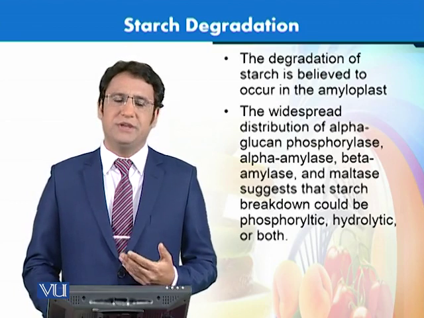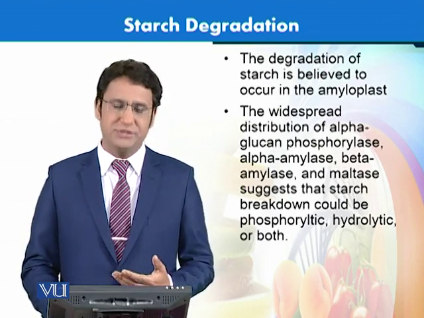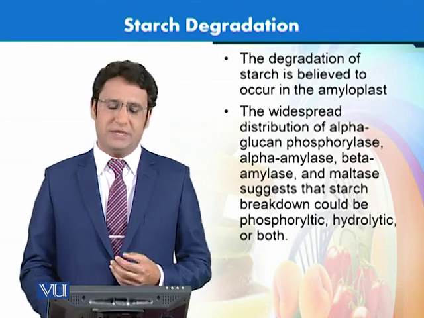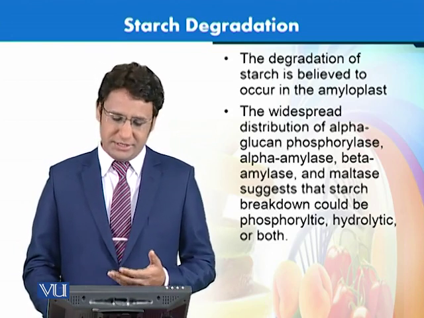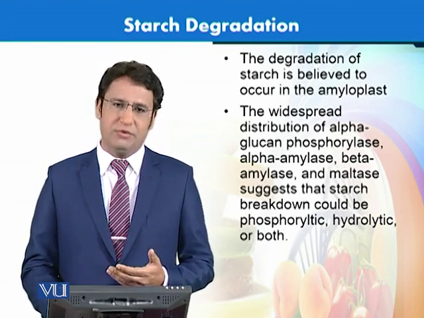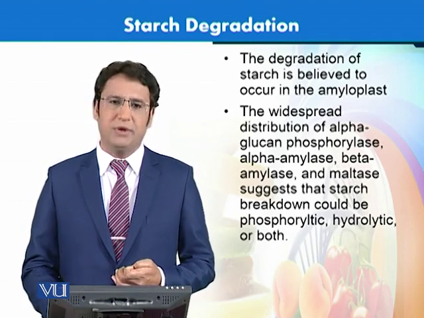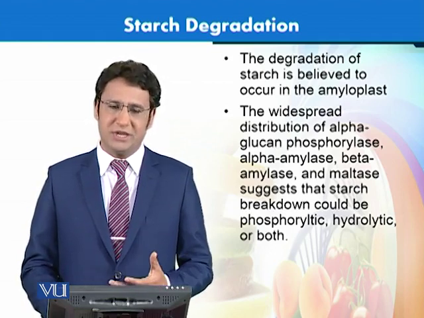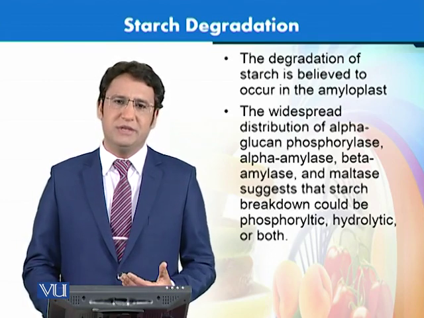Generally, this reaction takes place in the amyloplast. The degradation of starch happens there. As we know, there are different concentrations of different enzymes, such as alpha glucan pyrophosphorylase, alpha amylase, beta amylase and maltase, all present in the same area where starch biodegradation takes place.